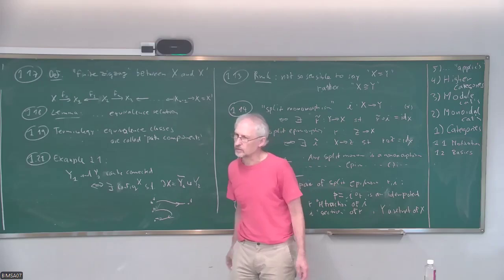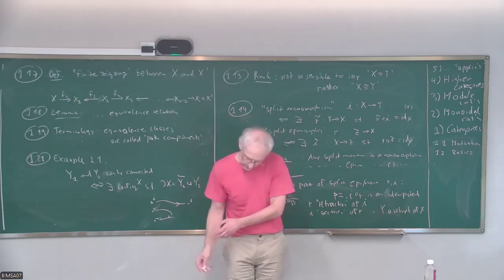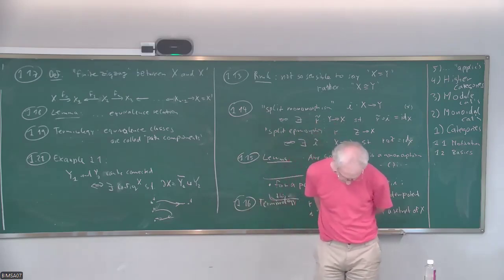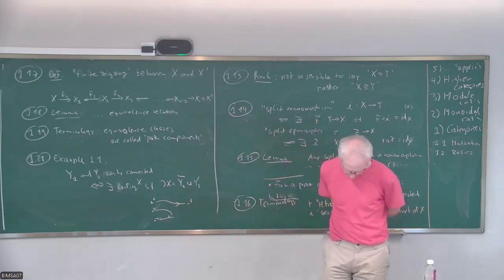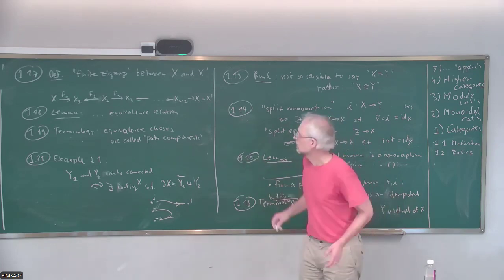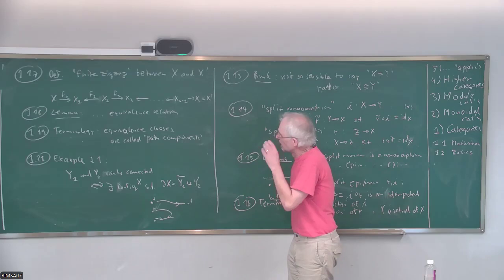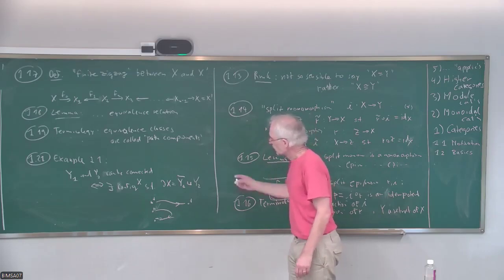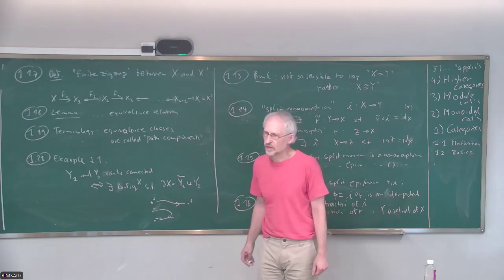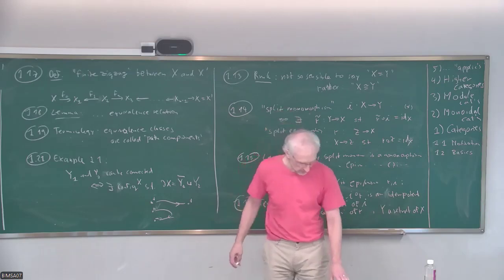And you can also ask what the possible generators are, if you write this as a group generated by one element. And you can ask what you would get if, instead of oriented manifolds, you take unoriented manifolds.